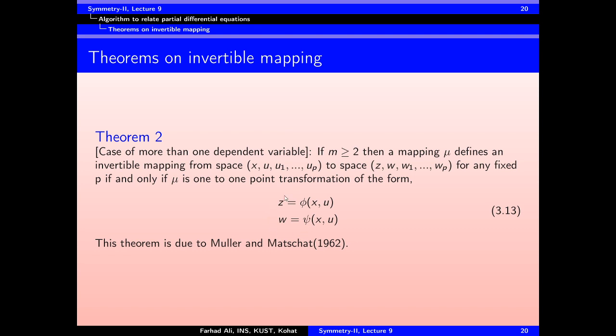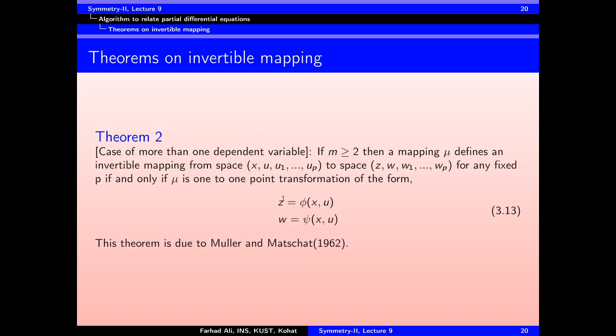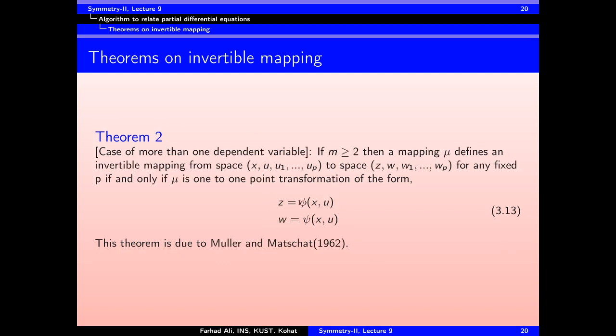So the difference between the two theorems is that in the first, the first derivative is involved, but in the second case, the first derivative is not involved. The mu is defined like this one. We only need mapping between the spaces. This theorem is due to Müller and Maschke.